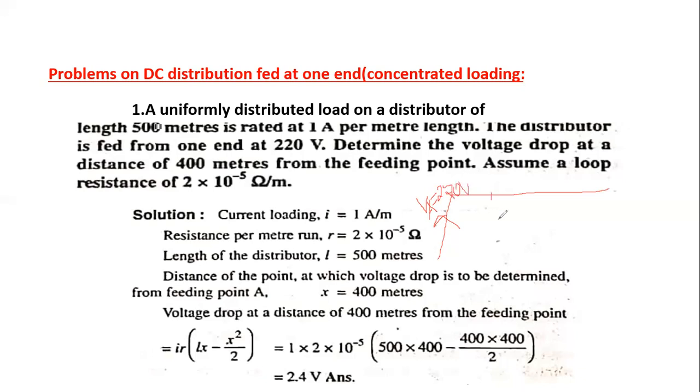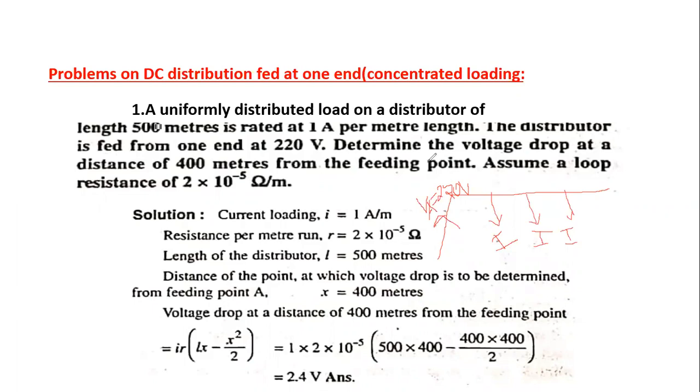This is the uniformly loaded distributor, where the loads are uniformly distributed, each being I. These are the uniform loadings in the diagram of the distributor.